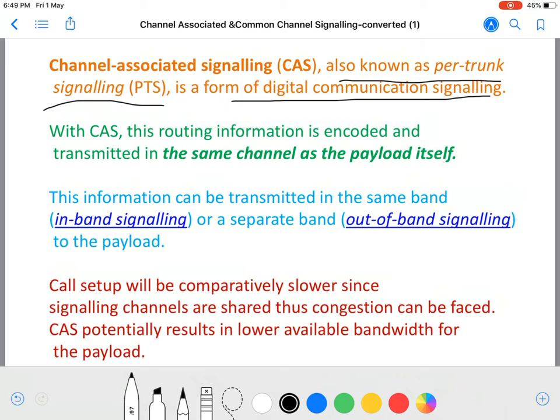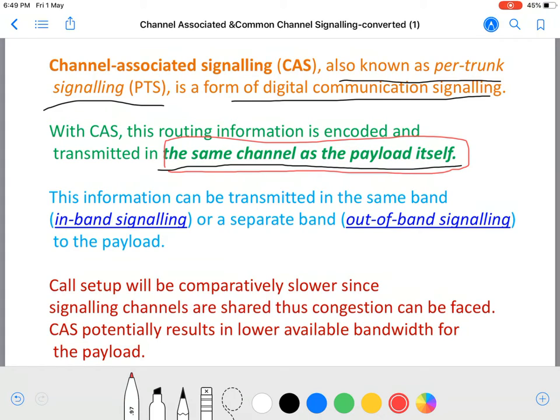With this kind of signaling, the routing information is encoded and transmitted in the same channel as the payload itself. That means the channel through which the voice is traveling, in that particular channel and bandwidth, the routing information and the signaling information is also running.